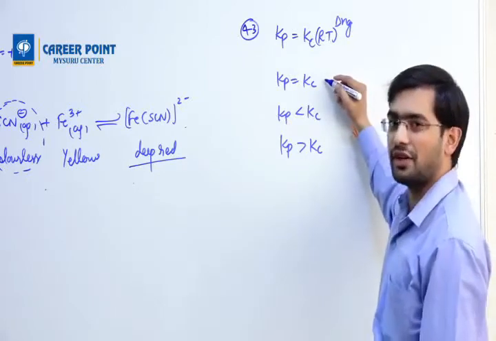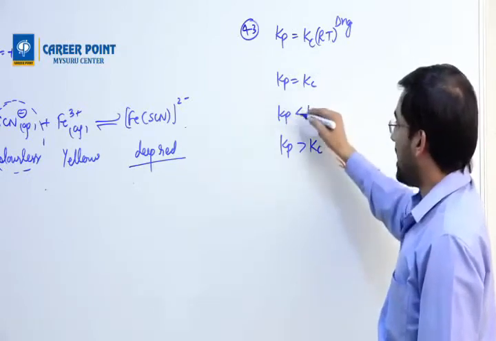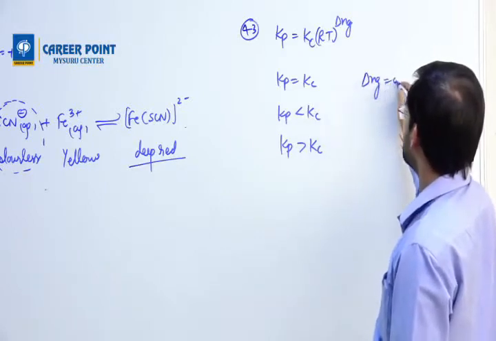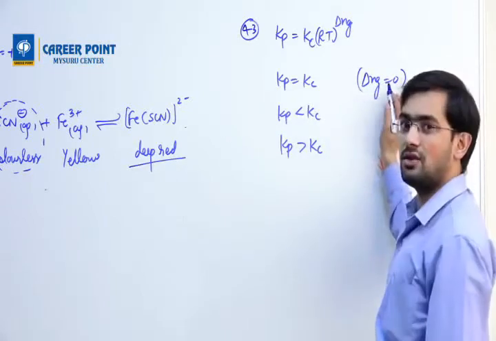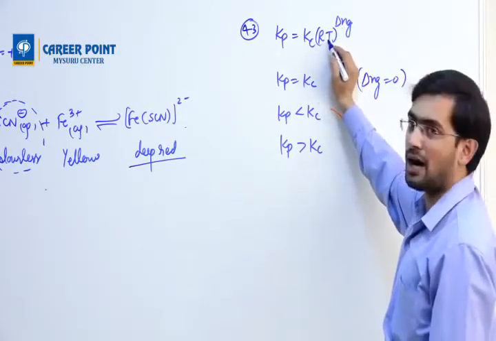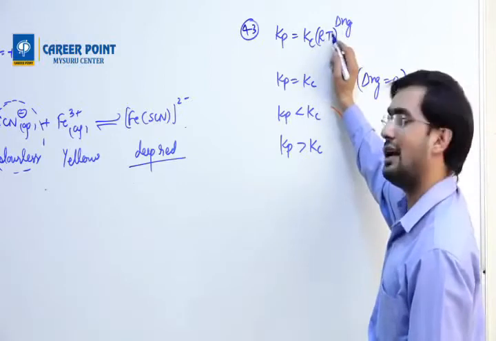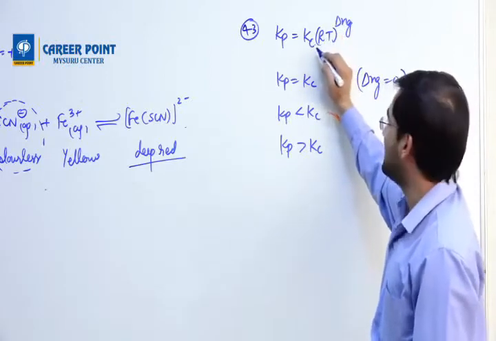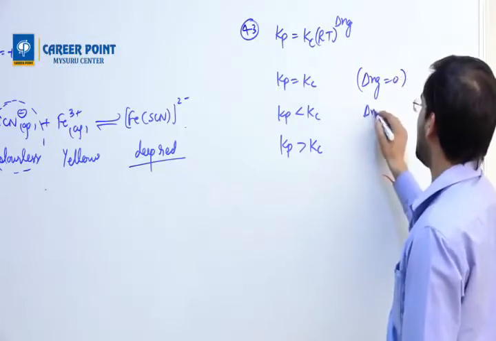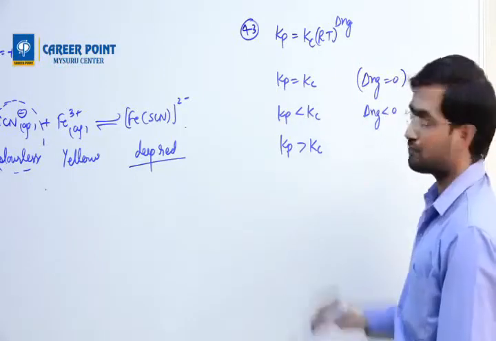But there is a trick. Whatever sign you want to get, that is the same sign as delta Ng. If delta Ng equals 0, then the power is 0, so RT power 0 is 1, because any value to the power 0 becomes 1, and then Kp equals Kc. In this case, delta Ng is less than 0.